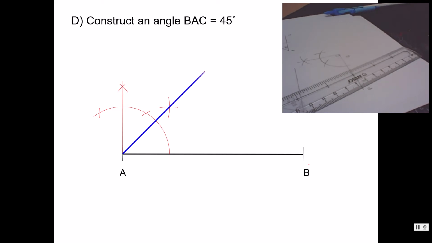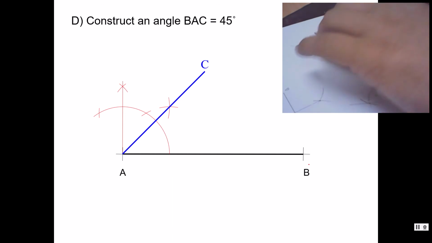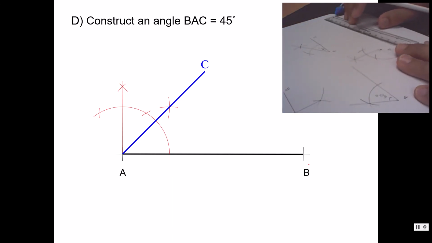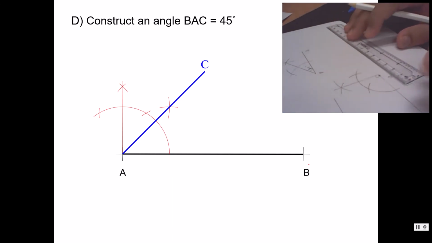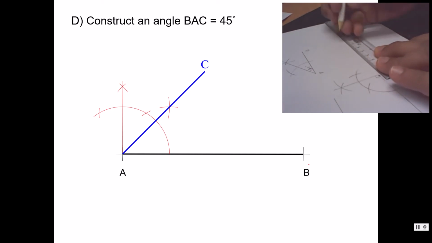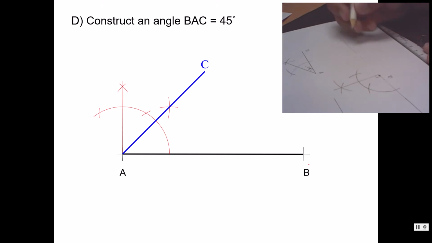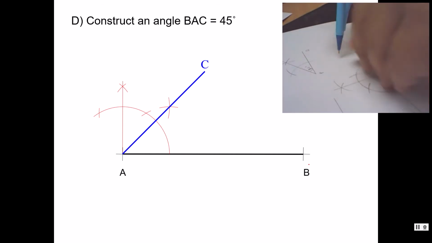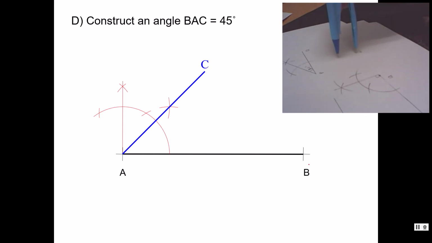It's a matter of getting the 90 degree angle first, then after that you bisect it into half. So let's just do it. We have a line here, AB line. From point A, similar step like the 90 degree angle.